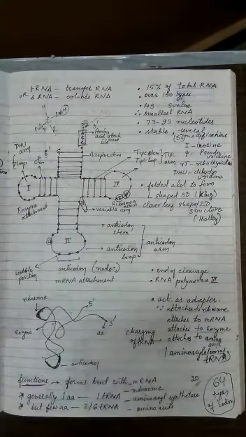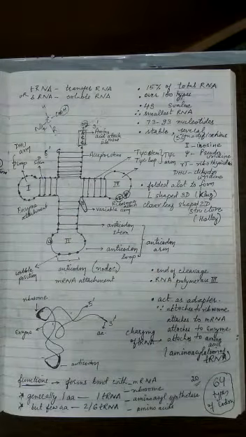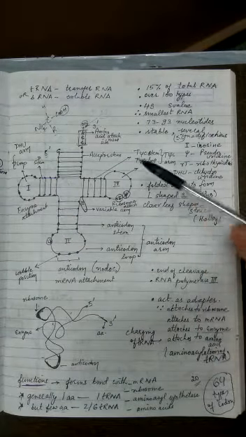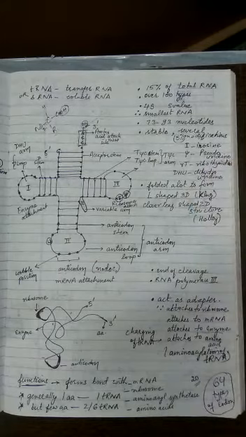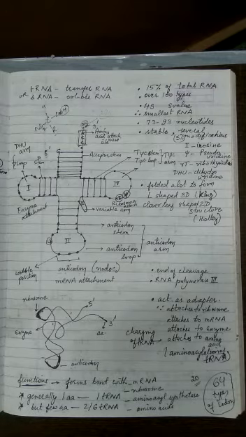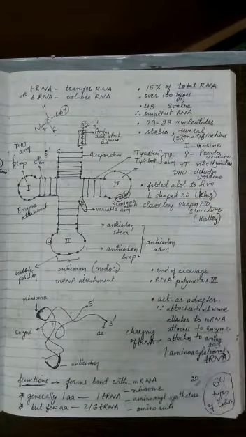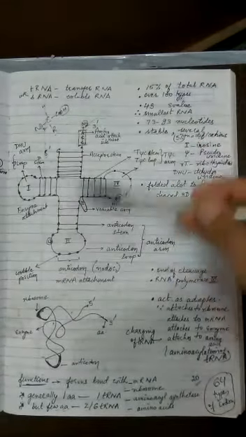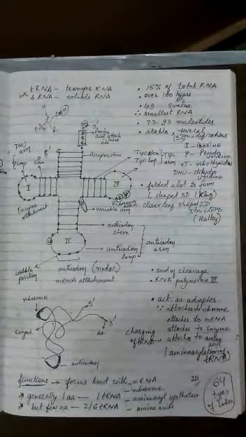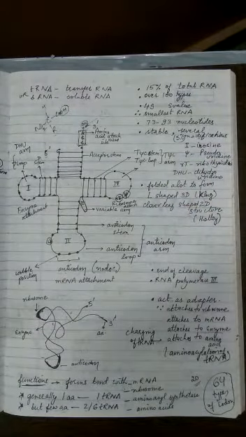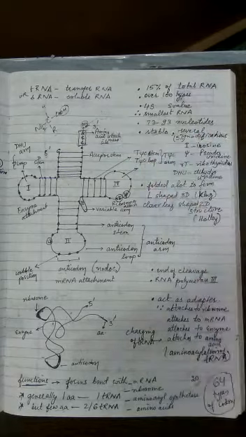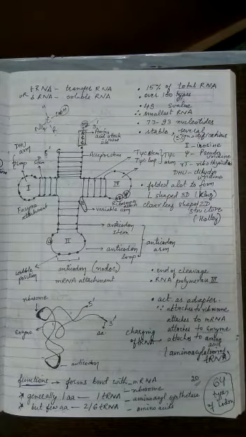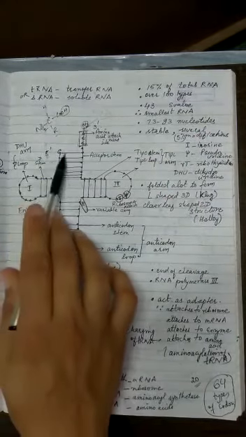So you can see here, let's start from this end. The first arm is called the amino acid binding site arm. The site lies at the 3' end, and you can say it is opposite to the anticodon. This is found opposite to the anticodon attachment site, and it has CCA and the hydroxyl group present. The 5 prime end always bears G. Please remember that.